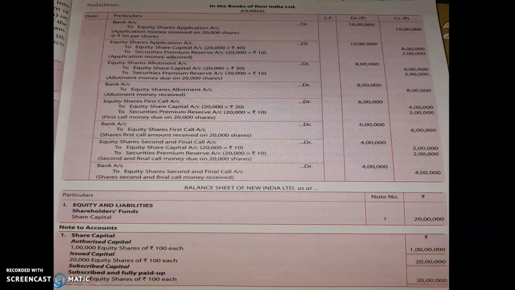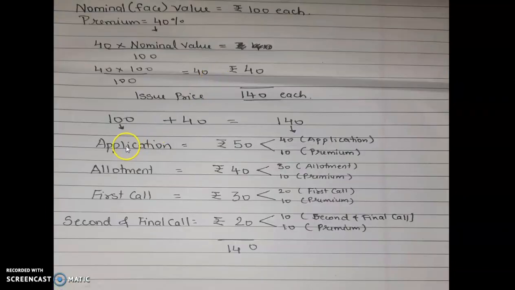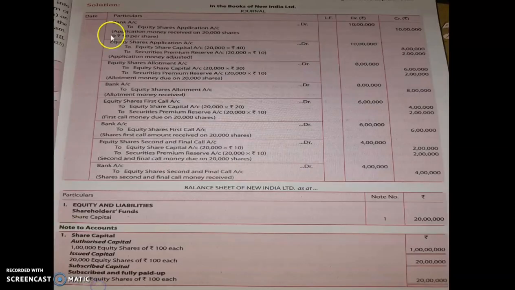So as you saw, at the time of application you have received 50 rupees: 40 of application and 10 of premium. So that will be the second journal entry, that is share application account debited to share capital account.